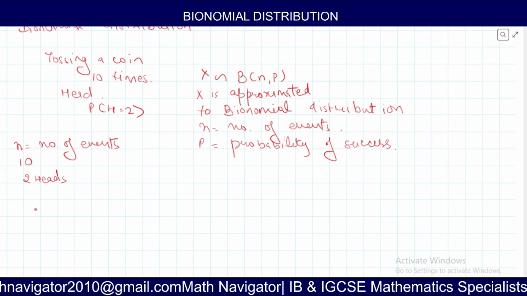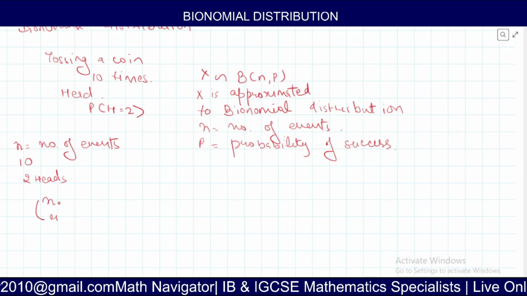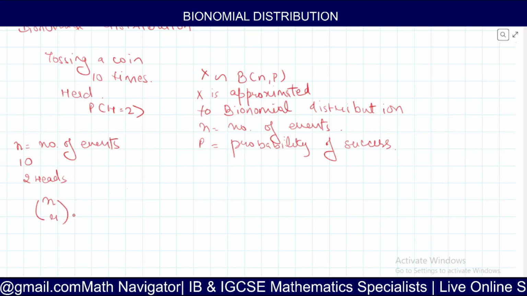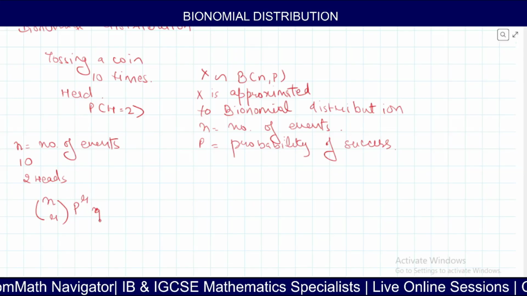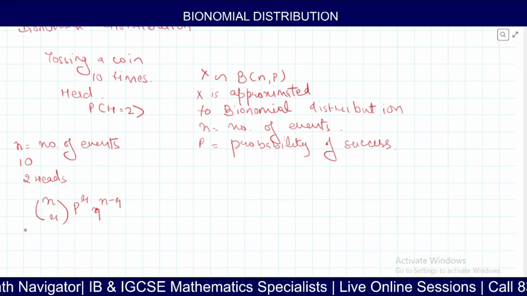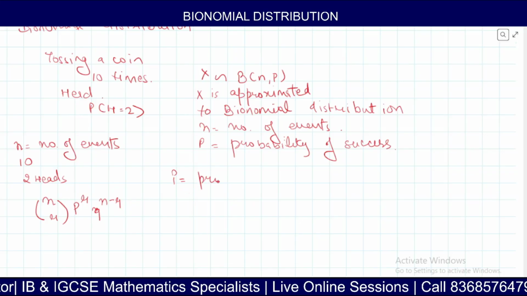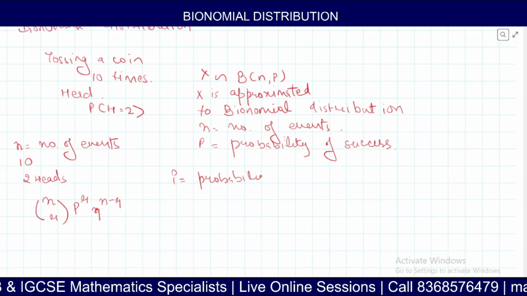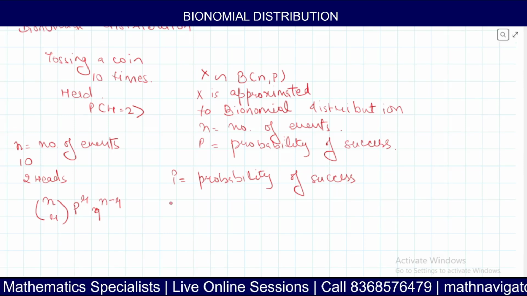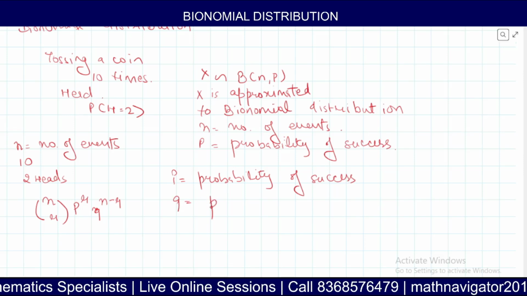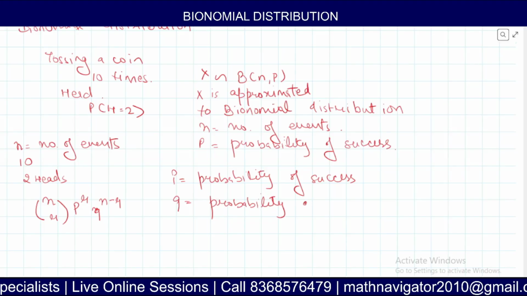So the formula for this is nCr times p raised to the power r and q raised to the power n minus r. Here p is equal to the probability of success and q is equal to the probability of failure.